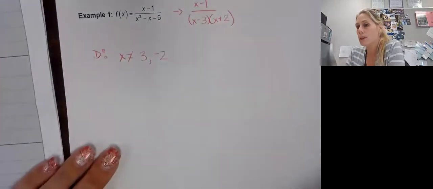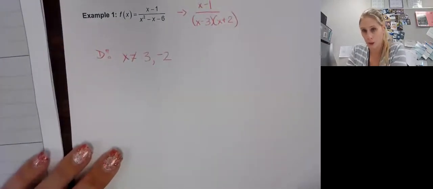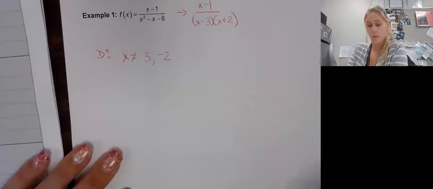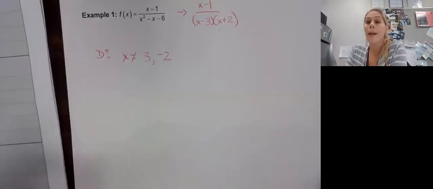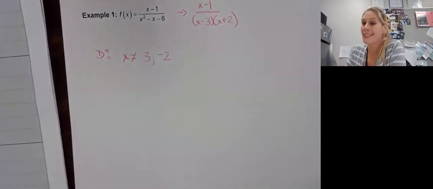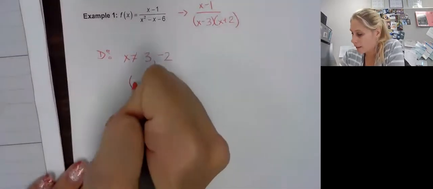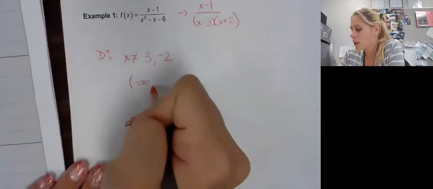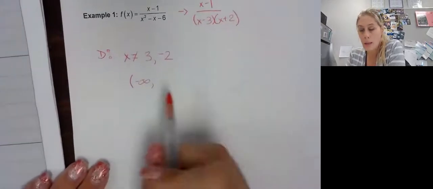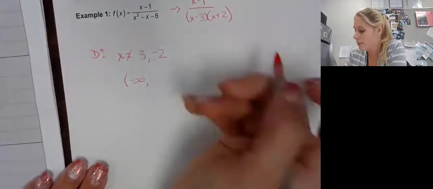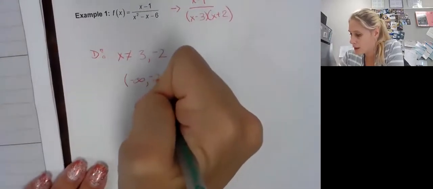Now I told you I was going to show you how to write it in interval notation. With a rational function, if you look at your first page, the domain of the parent function was -infinity to 0 and 0 to infinity, correct? So we're going to start with -infinity. But what we're going to do is go to the smallest x that it can't be, which is -2.